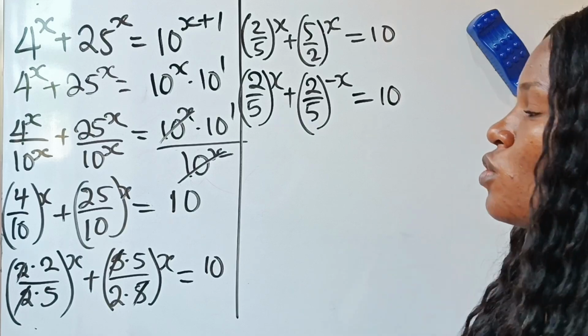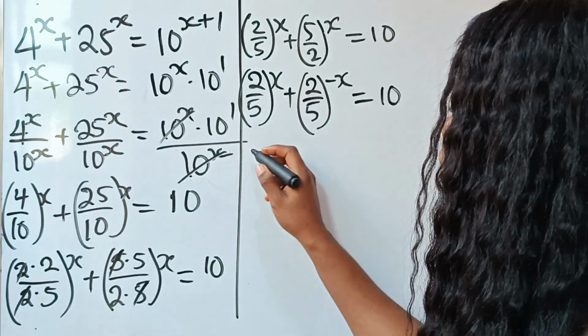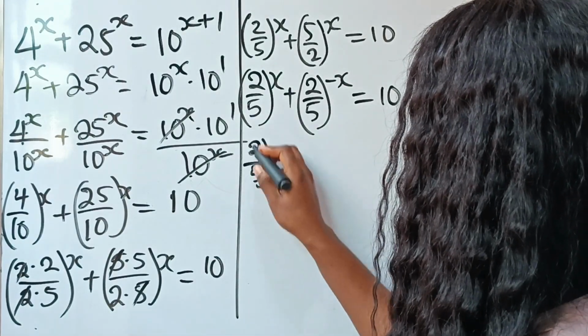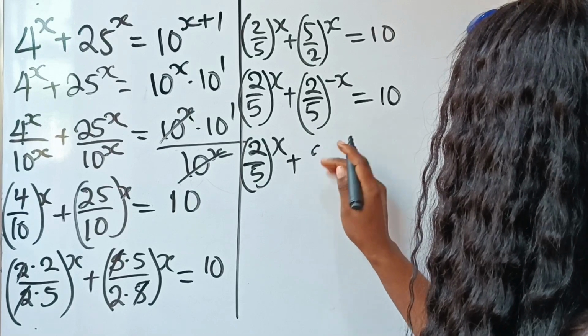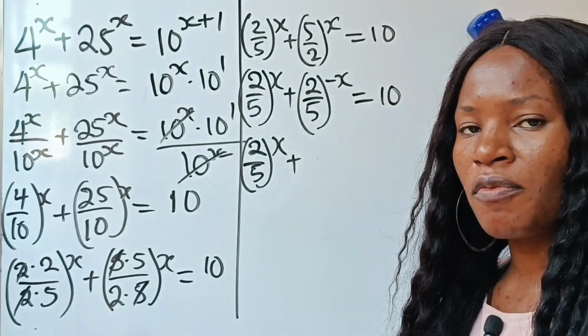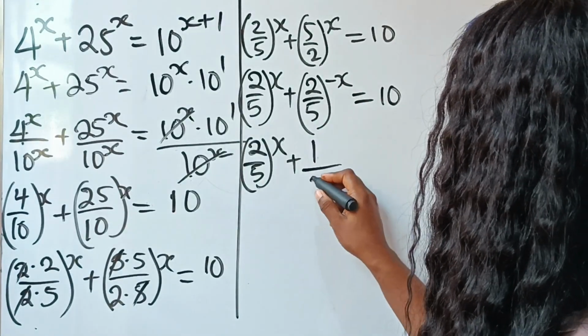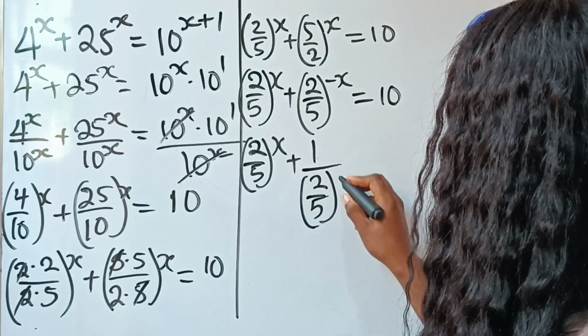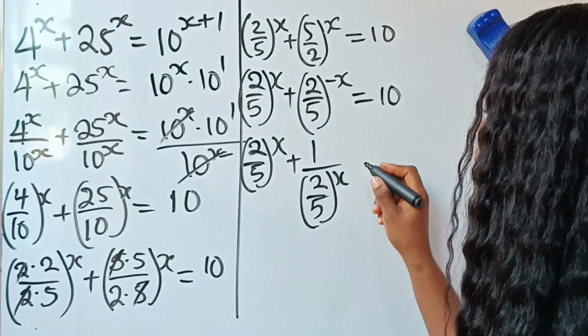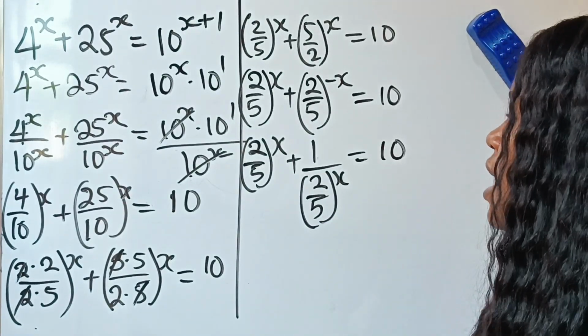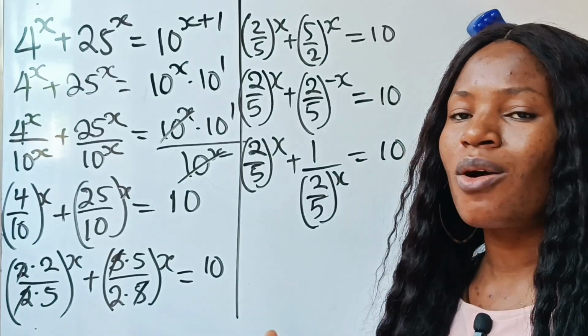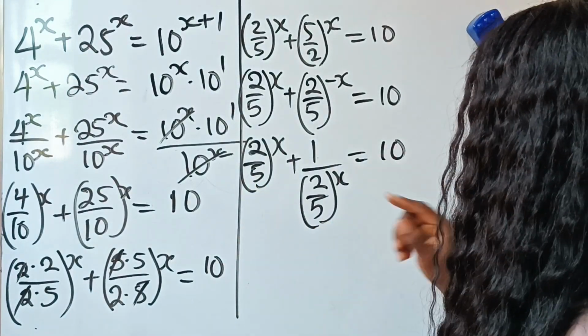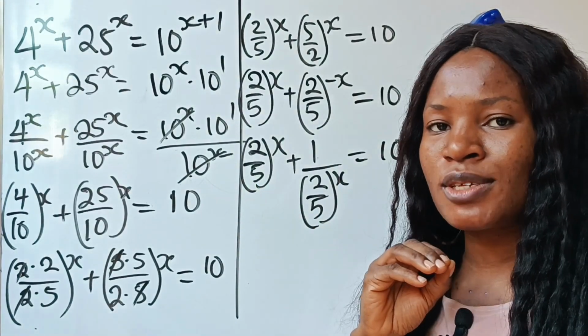So this is equal to 10. So we have 2 over 5 to the power of x plus, now if I want to remove this negative power, I will just introduce 1 over again, to remove the negative power, and this is equal to 10. Now we have accomplished our goal. Yes, we have the same thing here and the same thing here, therefore we can now solve.